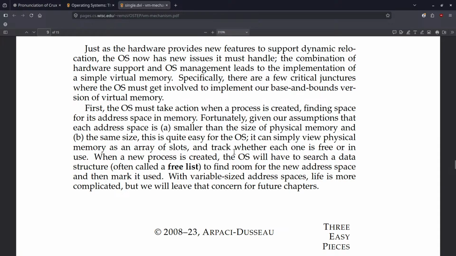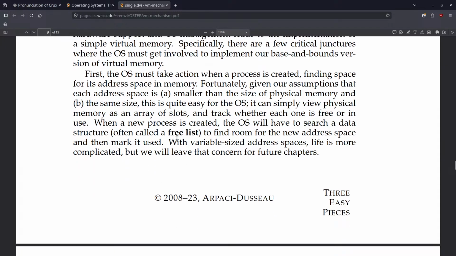When a new process is created, the operating system will have to search a data structure, often called a free list, to find room for the new address space and then mark it used. With variable-sized address spaces, life is more complicated, but we will leave that concern for future chapters.